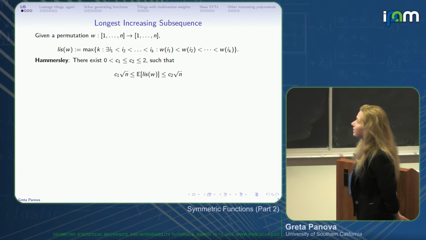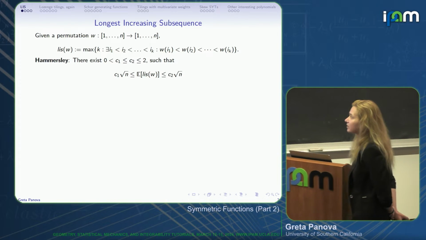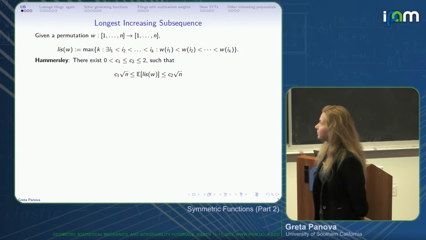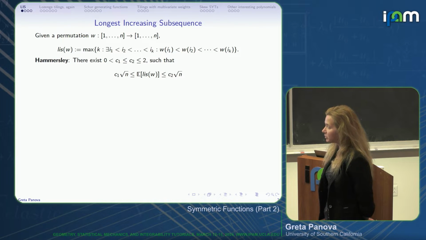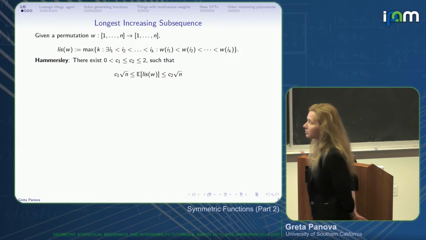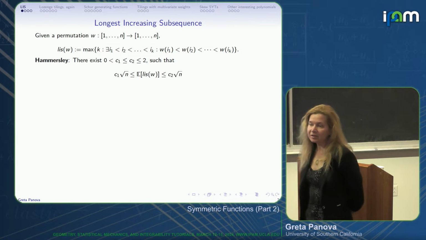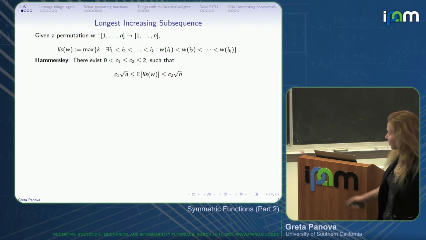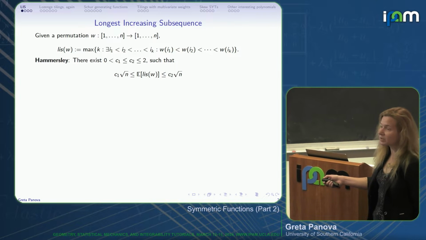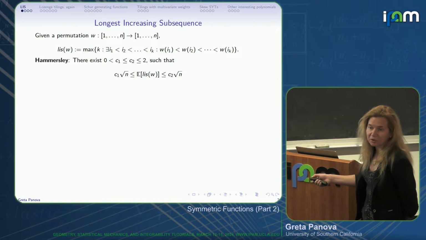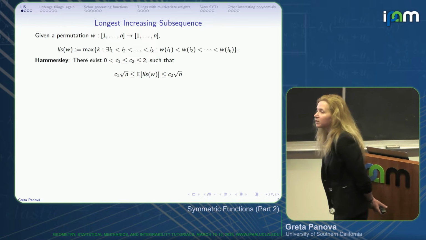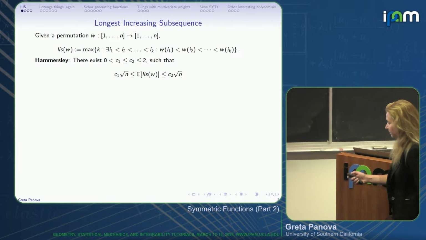And Hammersley, in the 50s, towards the 60s, wrote about this. Some of it is rigorous, some of it is more heuristic analysis, but the expectation is at least somewhere on the order of square root of n. Of course, what are we doing here? We're choosing w uniformly at random among all permutations, and this is our observable, the longest increasing subsequence.